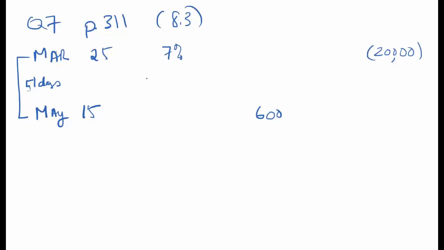So the interest between here and here is I equals PRT, so it's 20,000 times 7% times 51 days out of 365.